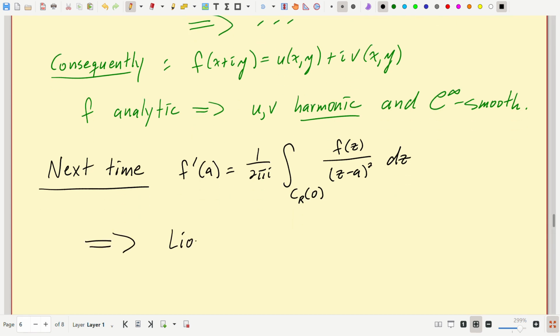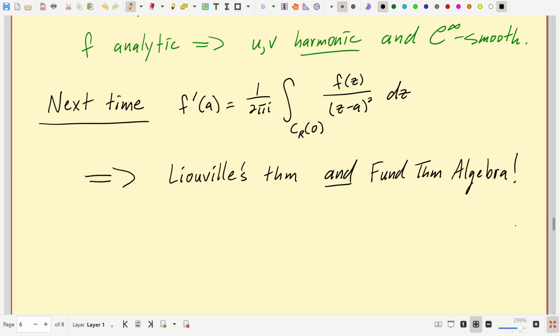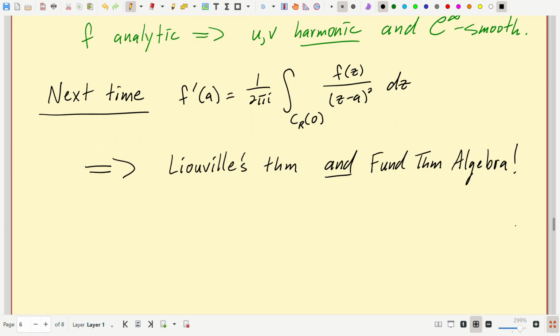Liouville's theorem, which is a famous one, and that's going to imply the fundamental theorem of algebra. Something people have been telling you since you were in junior high, but never showed you why it's true. So the fundamental theorem of algebra. And it's going to be quick and easy, not nearly as technical as today's work. So get that technical work behind you, and this pops right out.